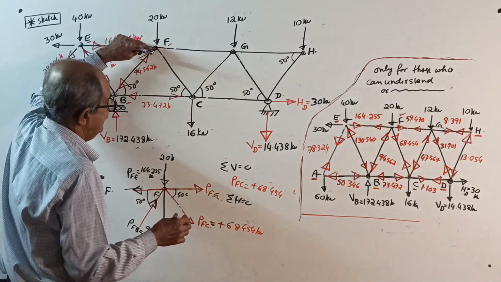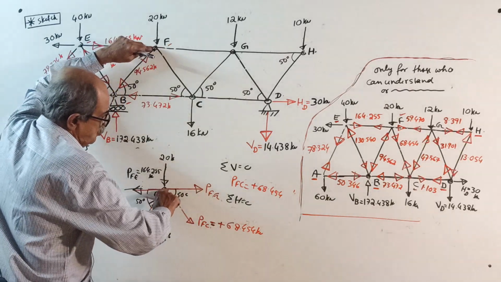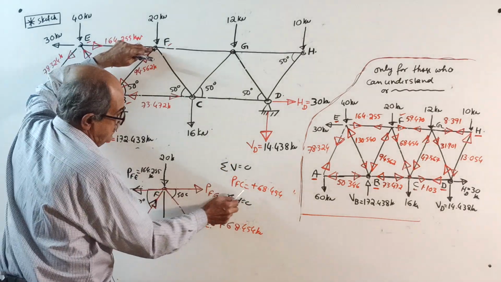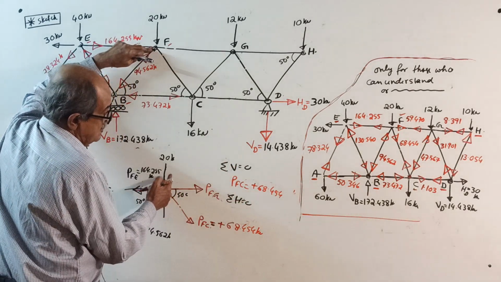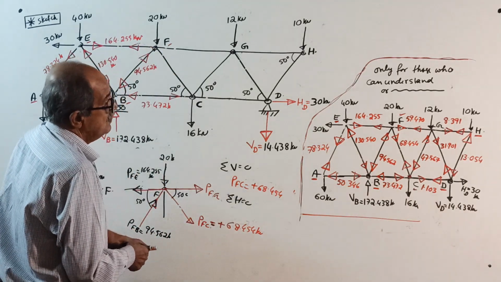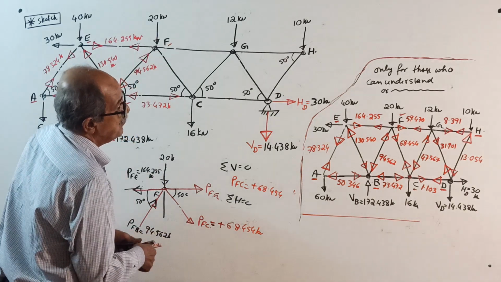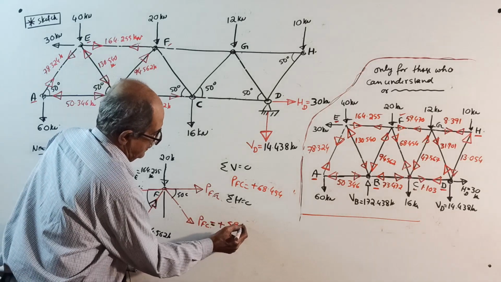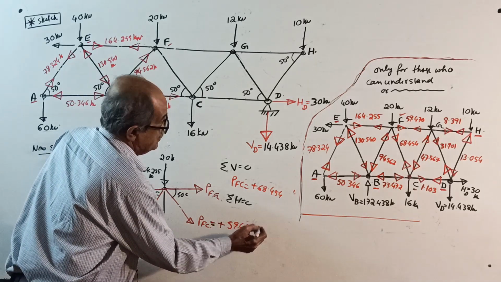Enter here. Both we took going away. Both came positive, correct. Therefore, this one will come 59.470. Oh, I am putting the wrong answer. I took the wrong value there.